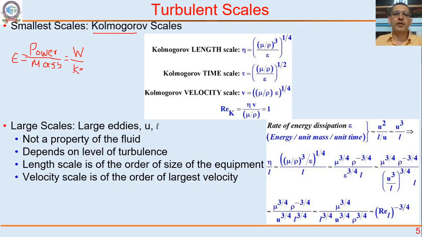Watts we can write as joules per second, and joules as newton meter, and newtons as kg meter per second square.